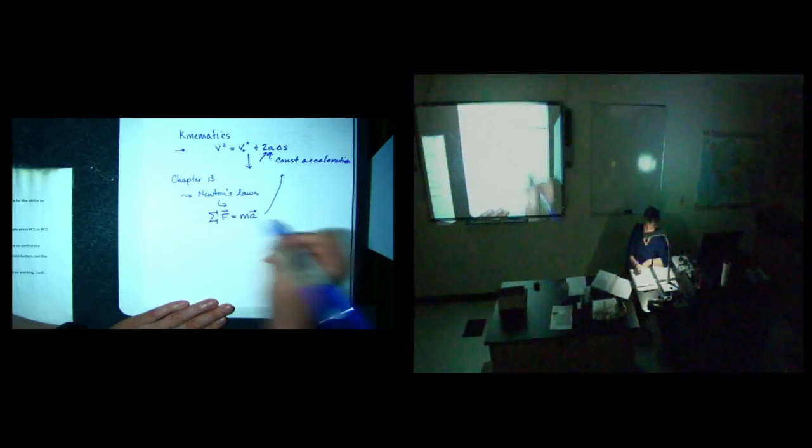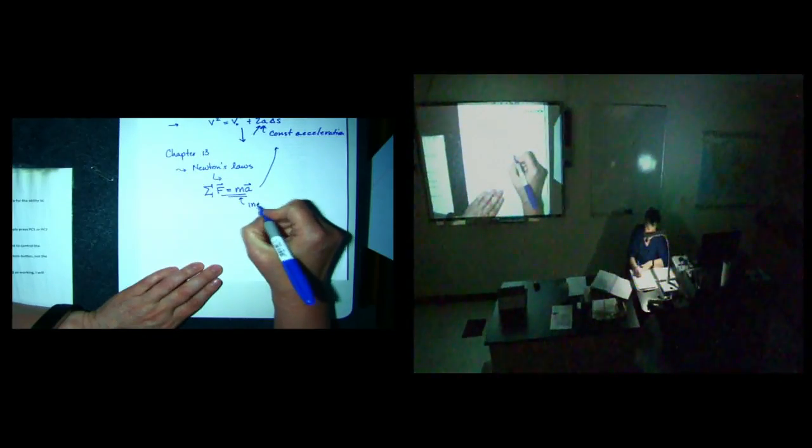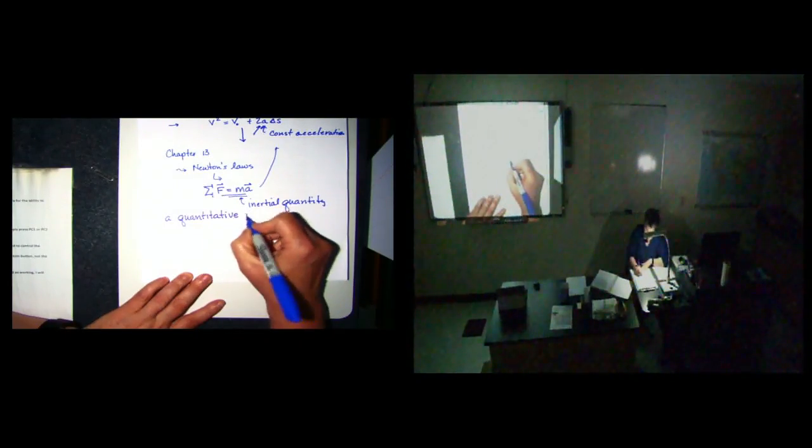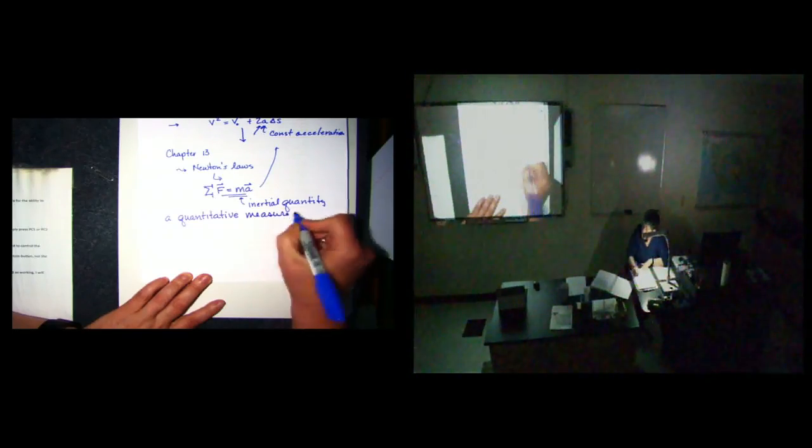But we also talked about how this referred back to mass being an inertial quantity. Mass and inertia were related. And if we think about it, this is a quantitative measure of the resistance of the particle to a change in its velocity.